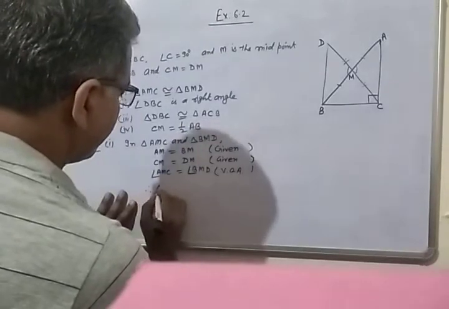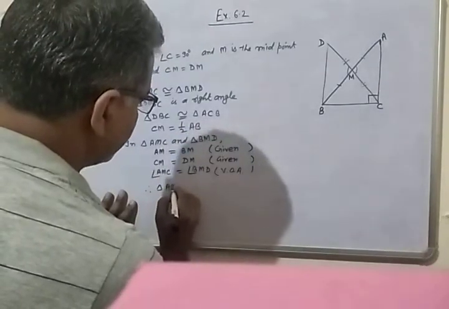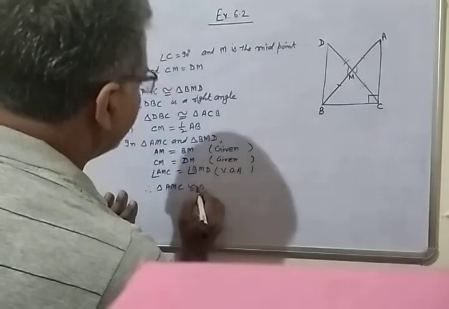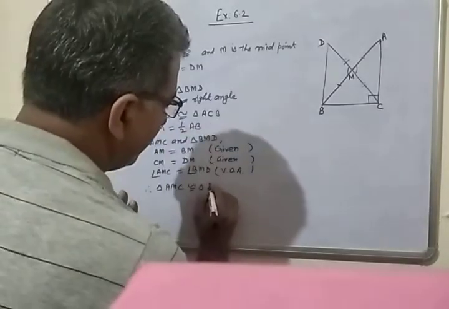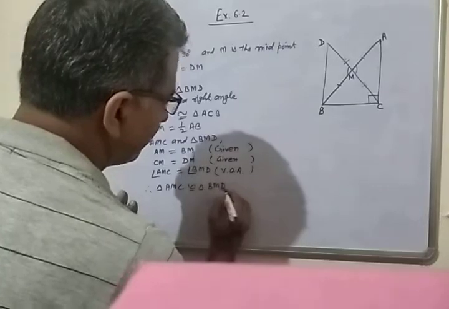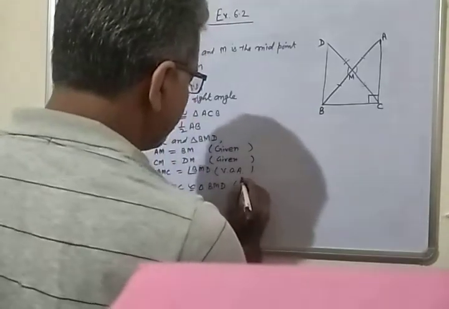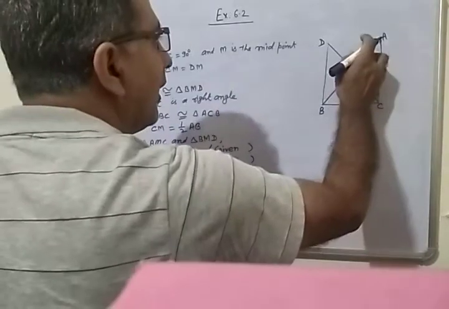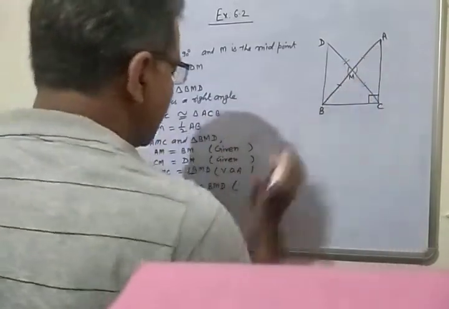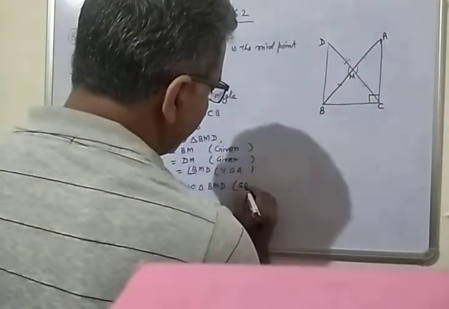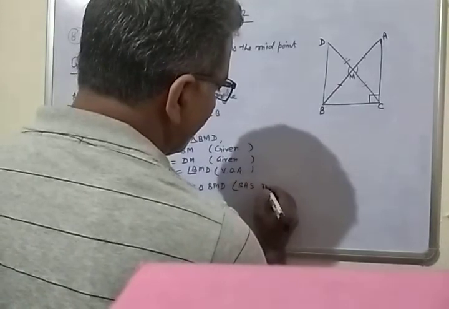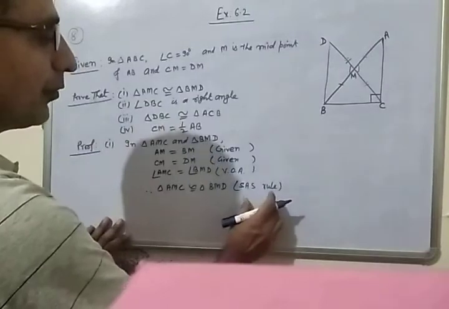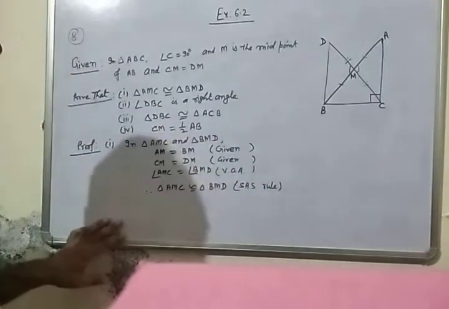So triangle AMC is congruent to triangle BMD. So the first part is proved. Reason is by the side angle side rule, or side angle side congruency criteria.